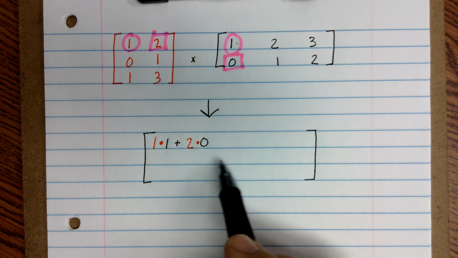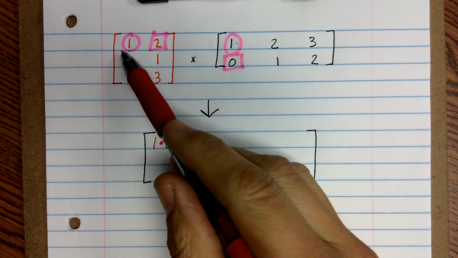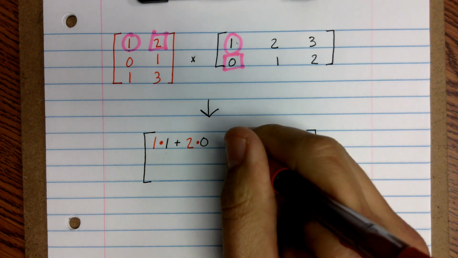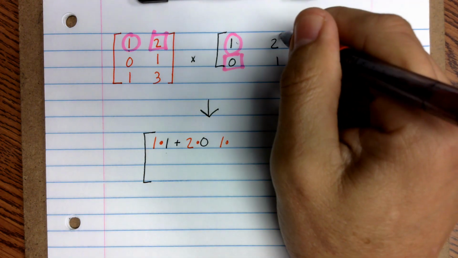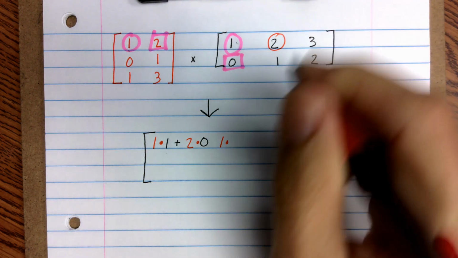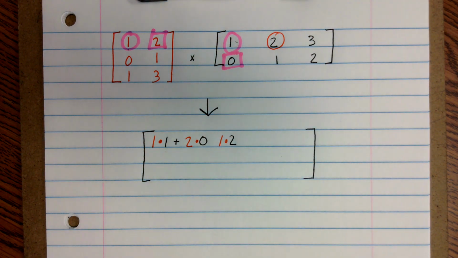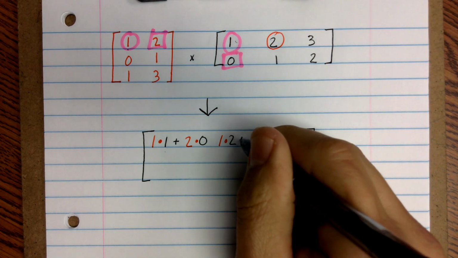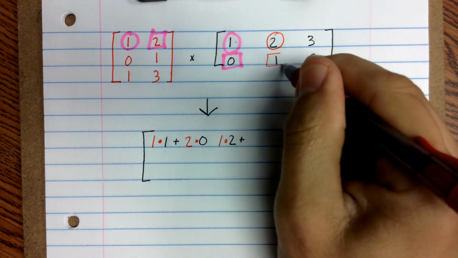And then I'm going to do the same thing for the next one. So when I go to the next one, I'm going to start over once again. We have this one right here, so I'm going to do 1 times 2, but it's going to be plus 2 times 1.